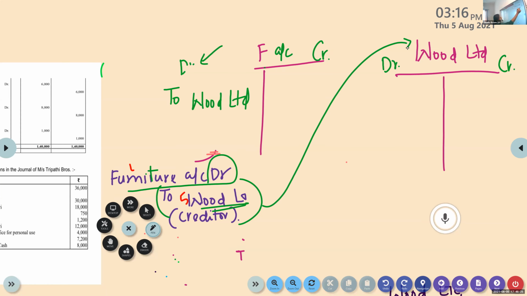To Wood Limited, on the credit side, what should I write? By furniture account. Is it clear? This is how. Krishnanoni, is it okay?